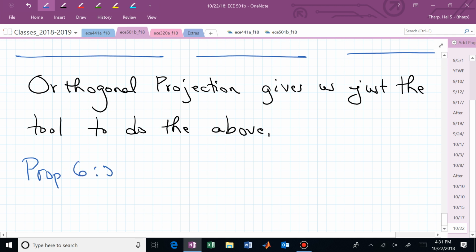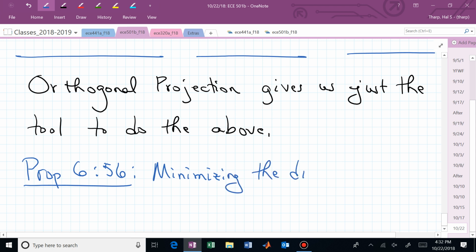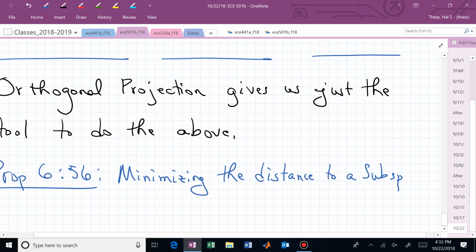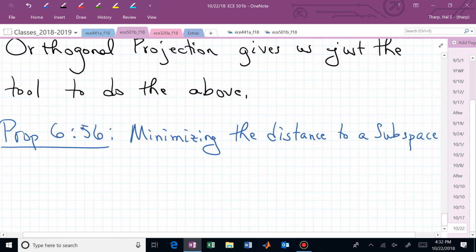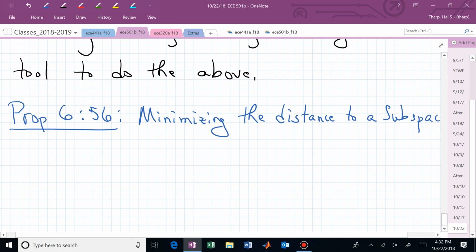Proposition 56 is labeled as minimizing the distance to a subspace, and that's really what you're doing when you're running underneath the tip of that vector v. So that's the label, minimizing the distance to a subspace, and here's the proposition.